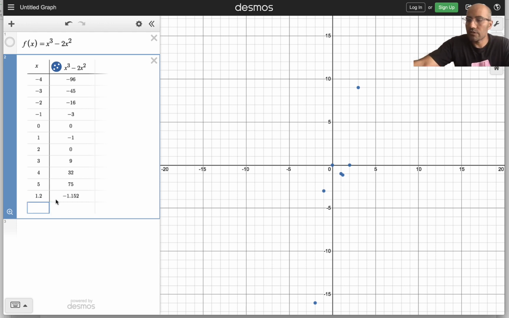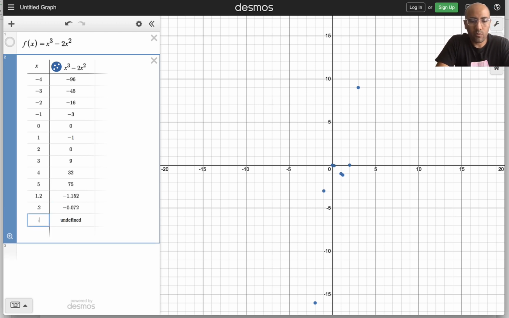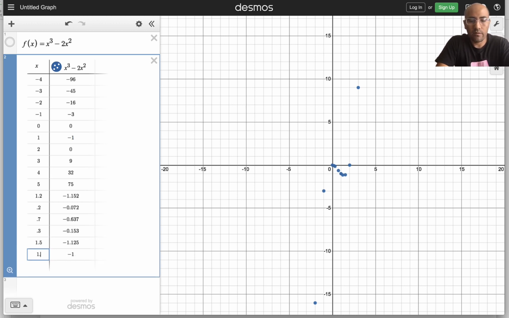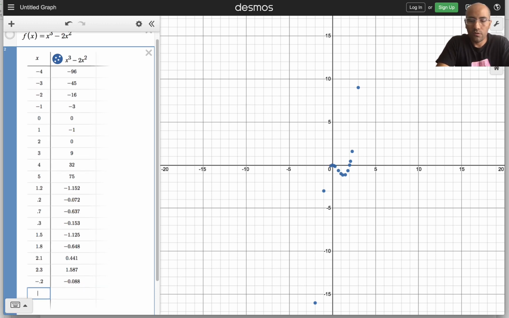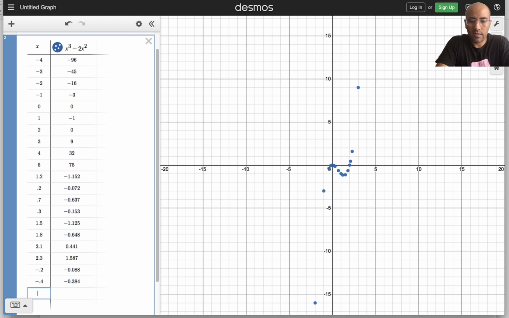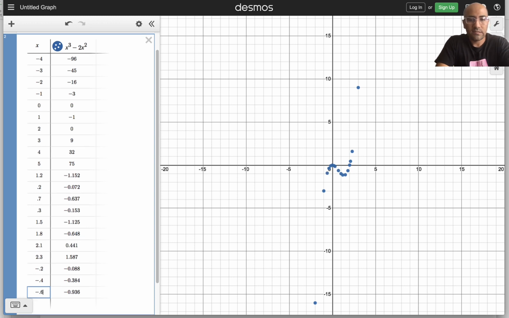So it's pretty easy to just come up with several of the values that can help me fill out this table. So maybe 0.2, maybe 0.7, maybe 0.3, maybe 1.5, 1.8, right? Maybe 2.1, 2.3. A few of those negative values, negative 0.2, negative 0.4, negative 0.6, right?